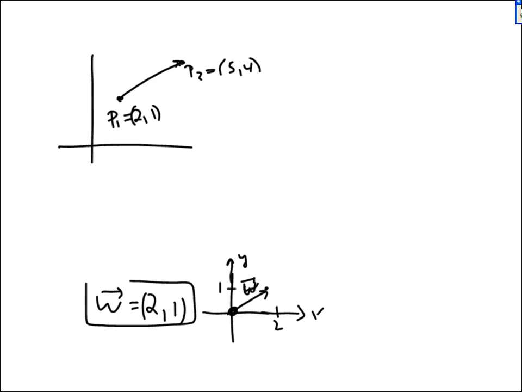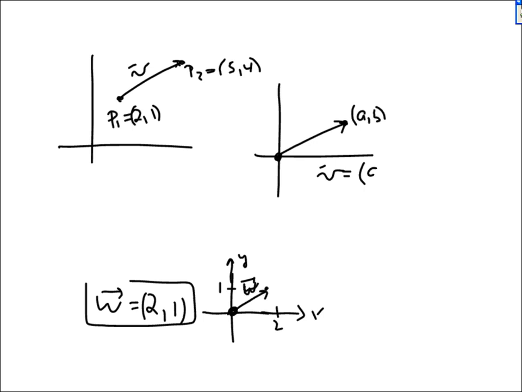Now, if I can get this vector to start at the origin, don't change the angle, don't change the length, then wherever the head is at, that's what I'll call it. If this head was at a, b, and let's call this vector V, then I would say vector V is a, b.